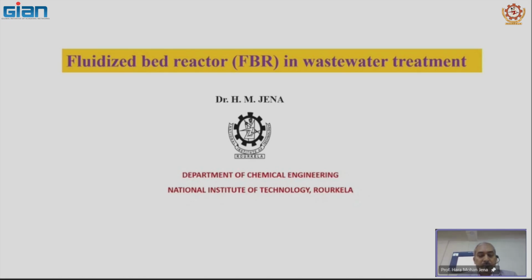When the fluid is introduced into the static bed of particles contained in a vessel at low velocity, the fluid just passes through the voids of the solid particles and the bed remains fixed, which is called a fixed bed state.